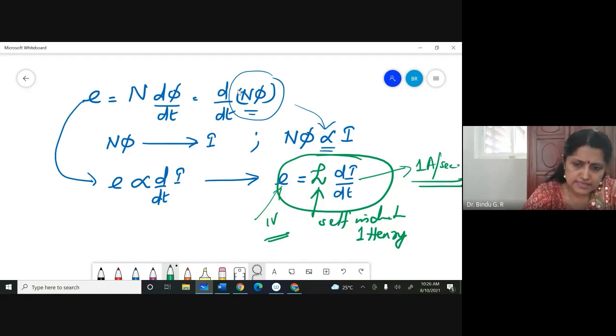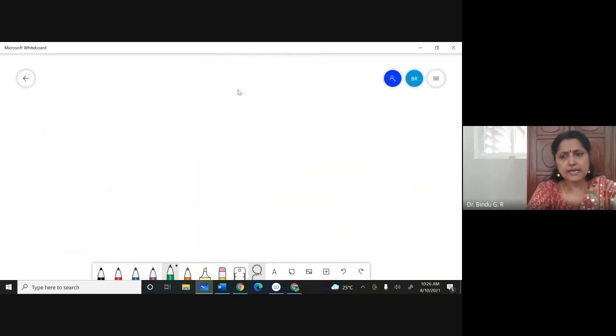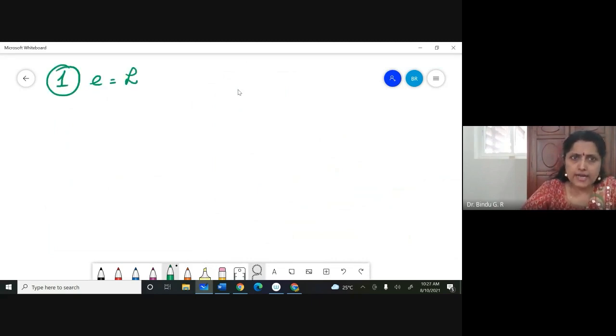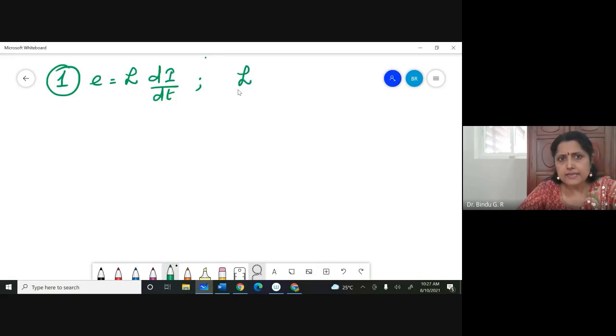Now other expressions are also very easy. They come from this. So the first equation, E is equal to L di by dt. So I am writing the expression for L is equal to E by di by dt. That is my first equation.